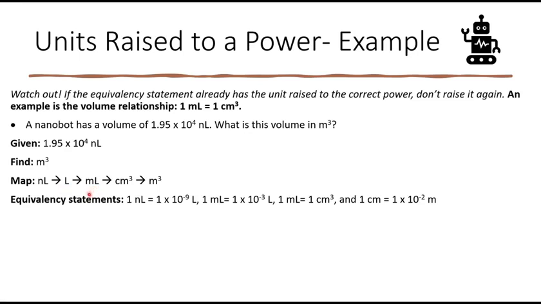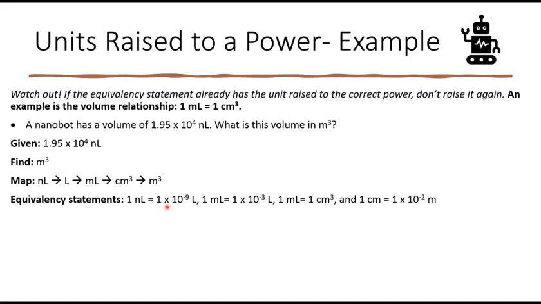Once we're in milliliters, we know the relationship between milliliters and cubic centimeters. All of these conversions so far are all volume, but our last conversion to cubic meter is going to have to use a length relationship, which means we're going to have to cube that equivalency statement or that conversion factor. The relationships that we need are here below.